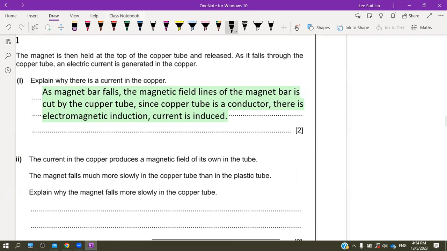So the magnet bar falls, the magnetic field lines are cut by the copper tube. This is 1 mark. The second mark is when you mention the copper tube is a conductor, there is electromagnetic induction, current is induced. 1 mark.